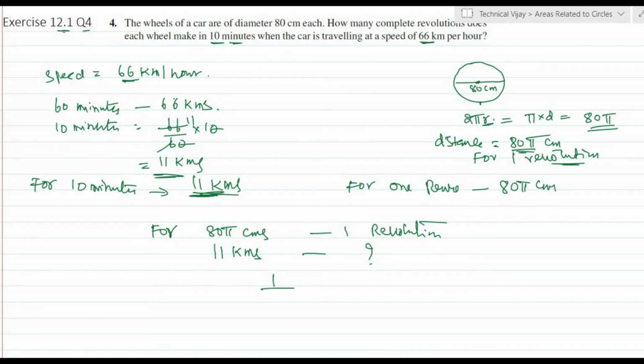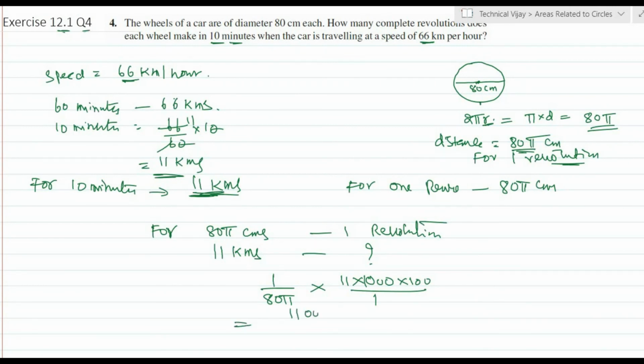So 1 divided by 80 pi in centimeter. Here 11 kilometer has to be converted into centimeter. If you multiply by 1000, it will become meters, then another 100.